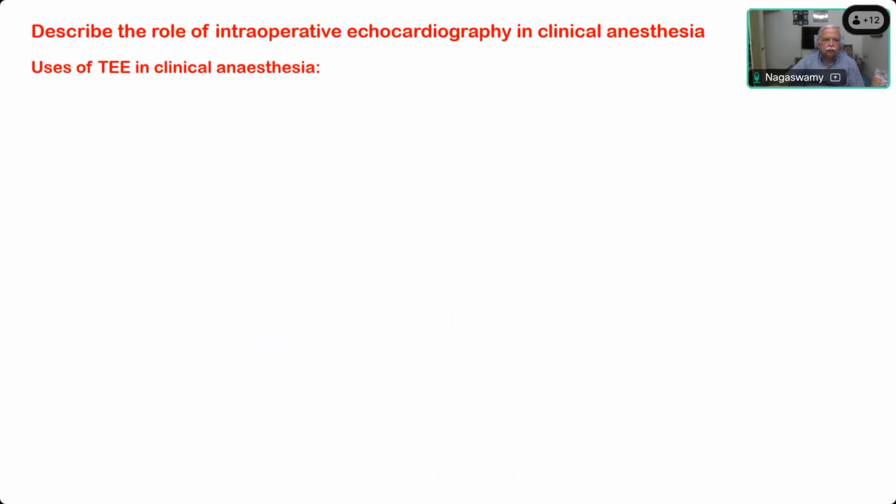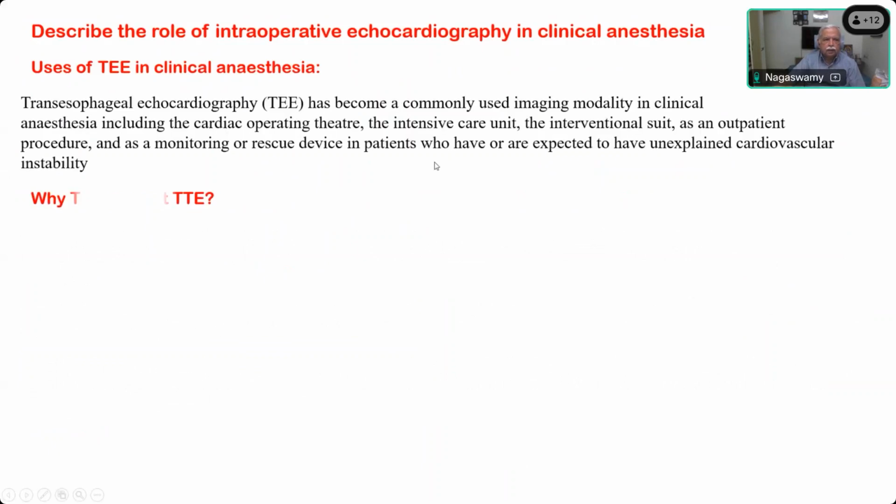So, we can first start with the uses of TEE in clinical anesthesia. Transesophageal echocardiography has become a commonly used imaging modality in clinical anesthesia, including the cardiac operating theatre, but also in the intensive care unit and in the interventional suite, where nowadays we are performing a lot of TAVI and mitral valve replacement by the transarterial route, where this can also be quite useful.